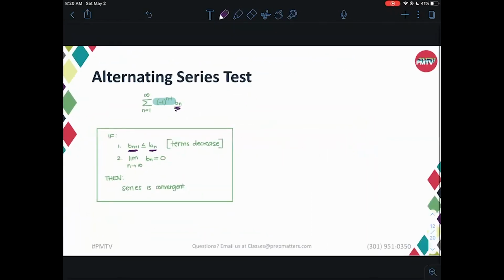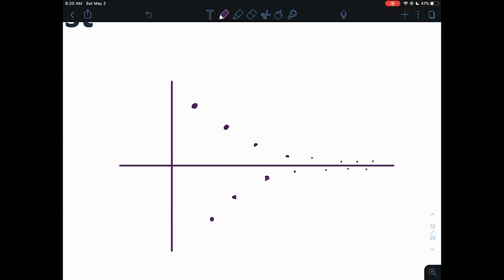So if we think about that graphically, if I start at n equals 1, for instance, with a positive term, I have positive, negative, positive, negative, positive, negative, positive, negative, and so on. This is what we want our alternating series to look like. We want every term to be less than the term before it, and we want our terms as n approaches infinity to start approaching 0.